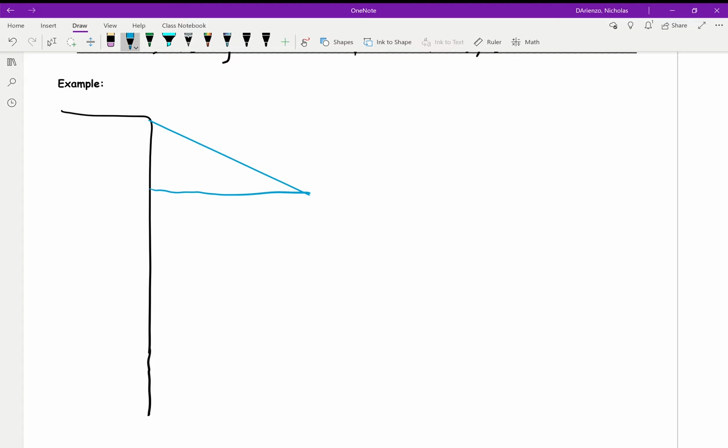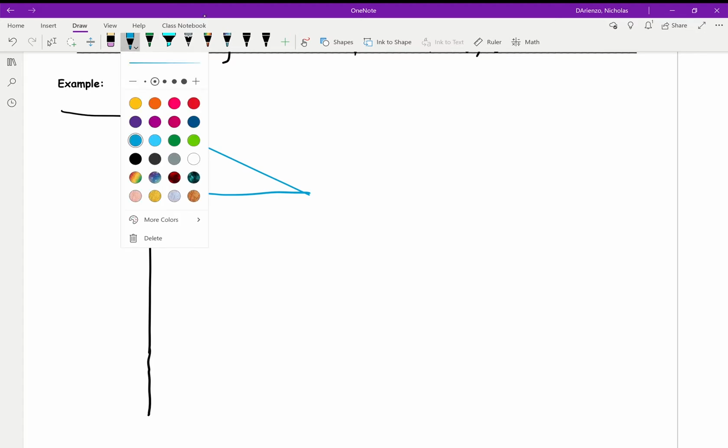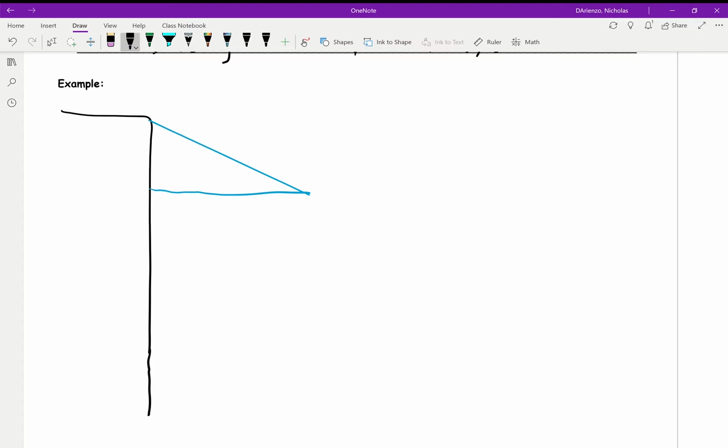Let's say that looks pretty good. If we consider two different forces here, F2 directed along this line and F1 directed along this line, we'll call this a rod, and here we're going to have a cable.